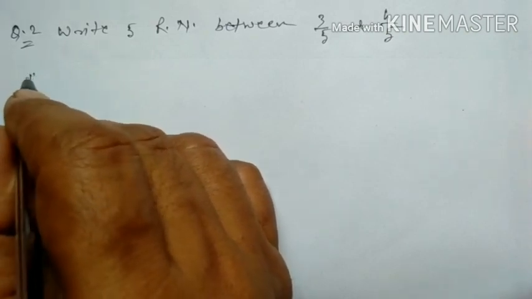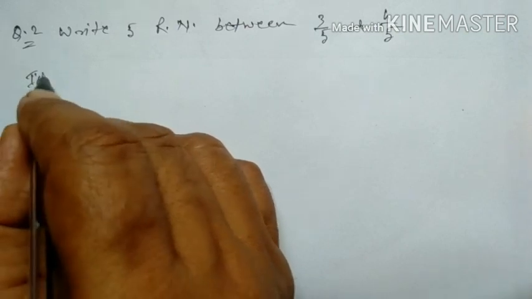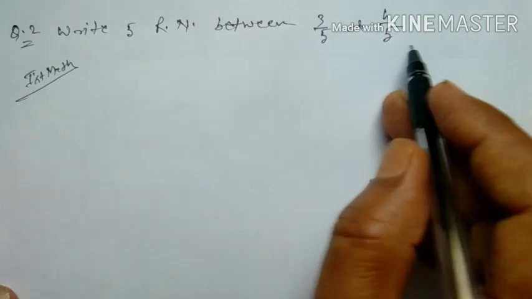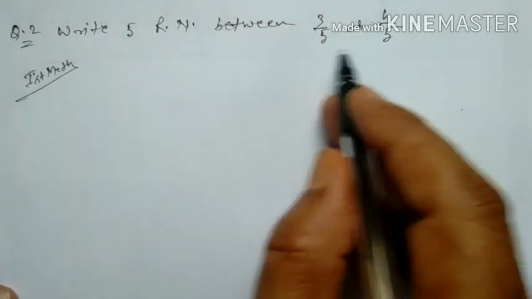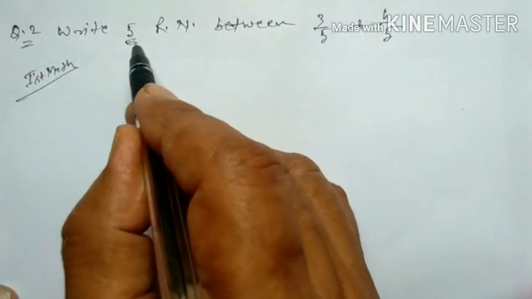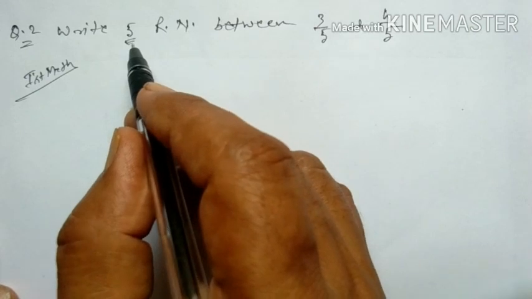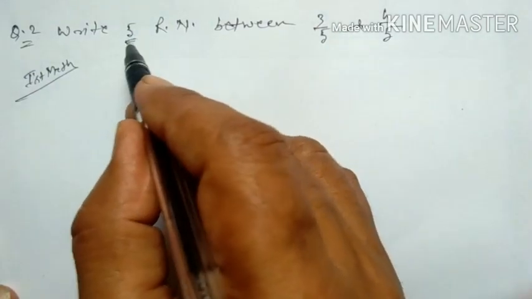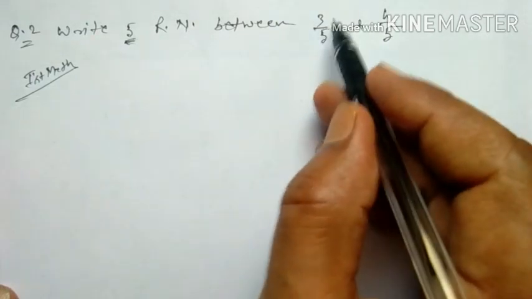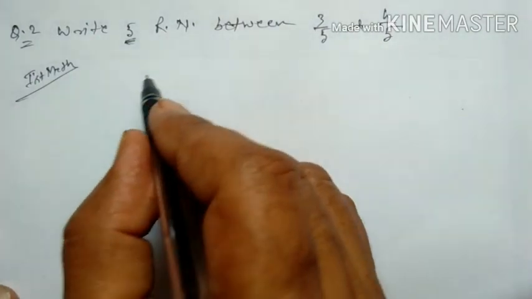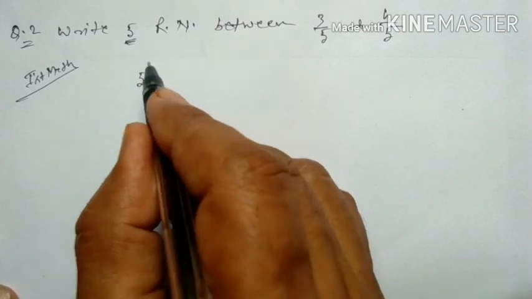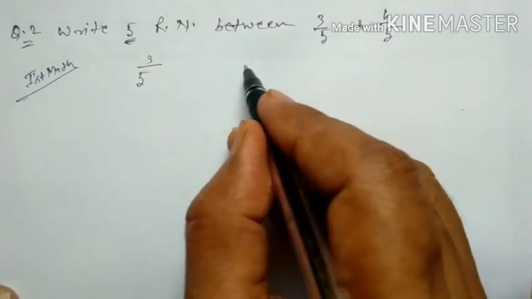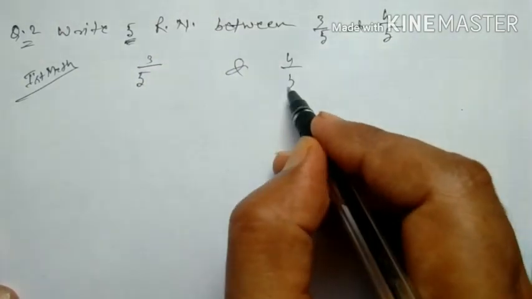Suppose one method is: here our denominators are the same, so our aim is to write 5 rational numbers. Then we multiply numerator and denominator by 5 plus 1, that is 6. Here we multiply and divide by 6 in these numbers, 3 by 5 and 4 by 5.